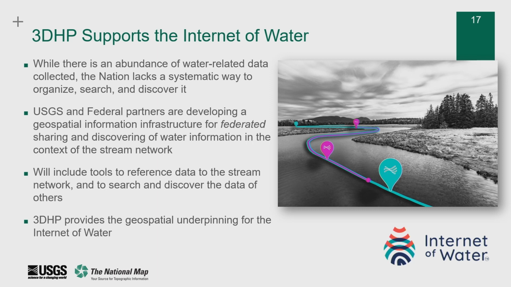The other thing that's been really important is supporting the Internet of Water, because we know we can't collect everything, and there's a lot of data out there that people are already collecting. We've had this addressing and indexing system for a while now on our reaches. That's going to change slightly with something that's going to be introduced, which is a high features component, which is a main stem.